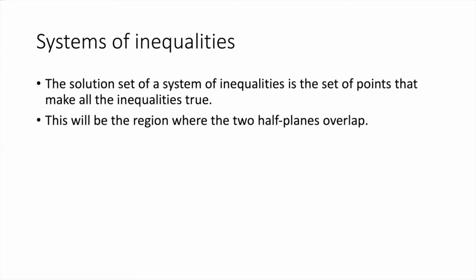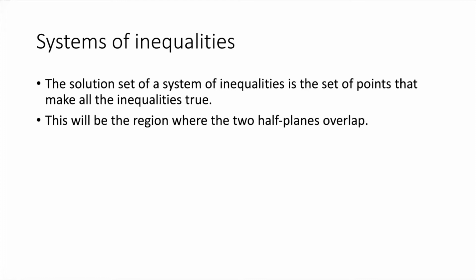And so if we want our points to make all of the inequalities true, then we're going to find the region for each individual inequality. So that'll be a half plane. And then the set of points that makes all of the inequalities true is going to be the region where all of those half planes overlap.